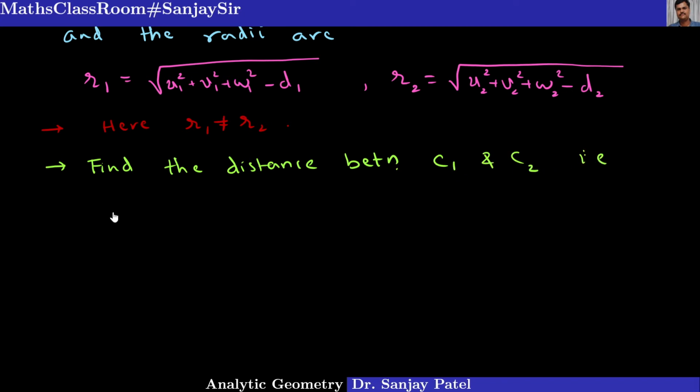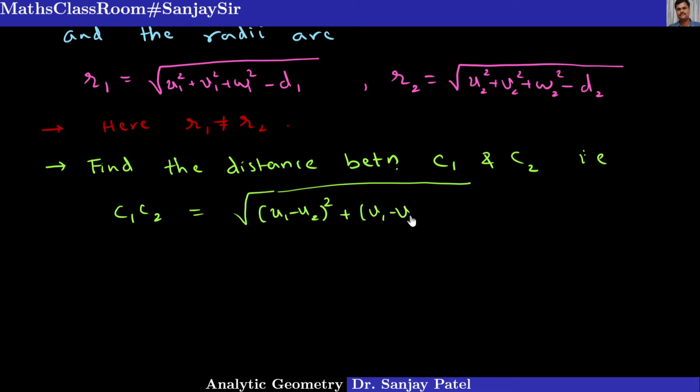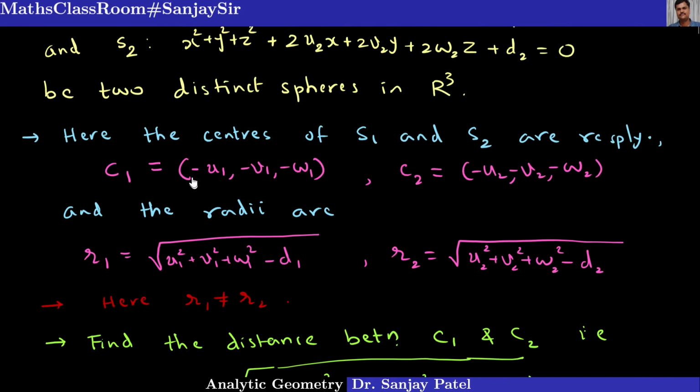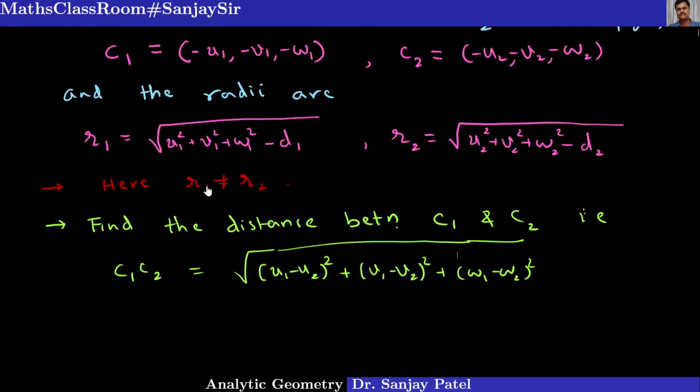As you know from the distance formula, C1C2 is the square root of (u1 minus u2) square plus (v1 minus v2) square plus (w1 minus w2) square, because the coordinates of C1 and C2 we have written earlier are minus u1, minus v1, minus w1 and so on, and taking (x2 minus x1) square plus (y2 minus y1) square plus (z2 minus z1) square.